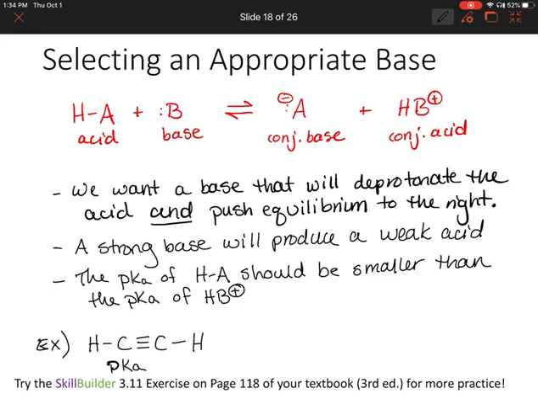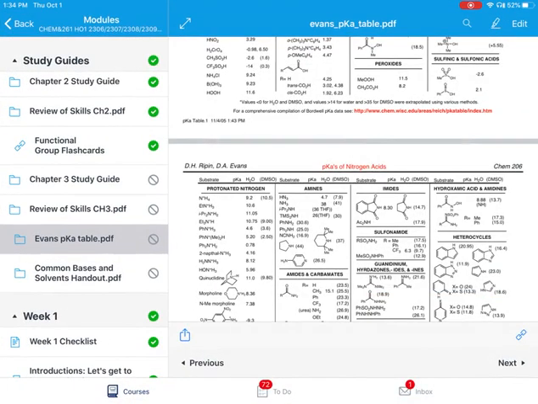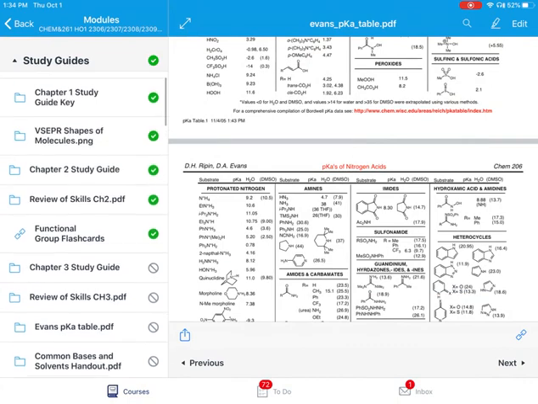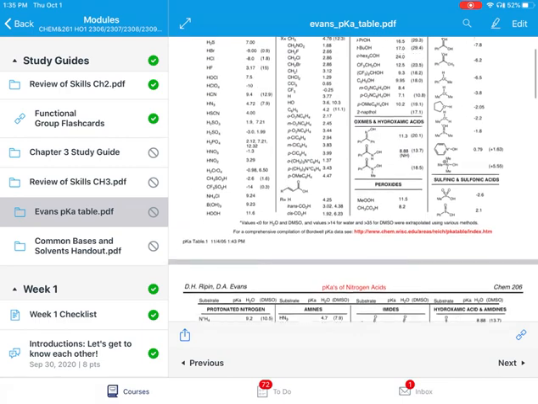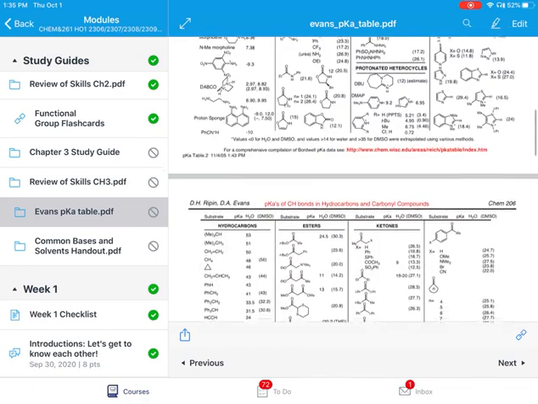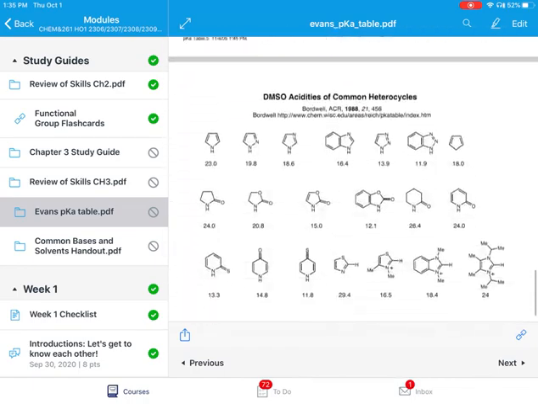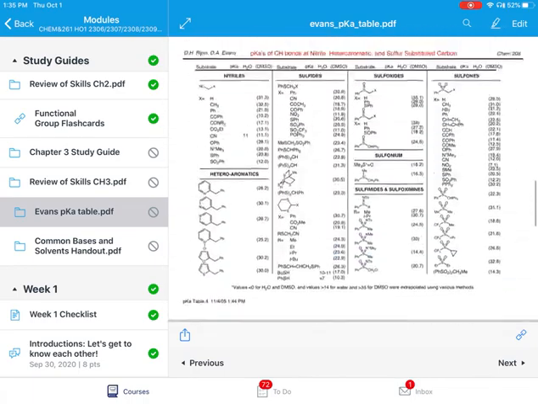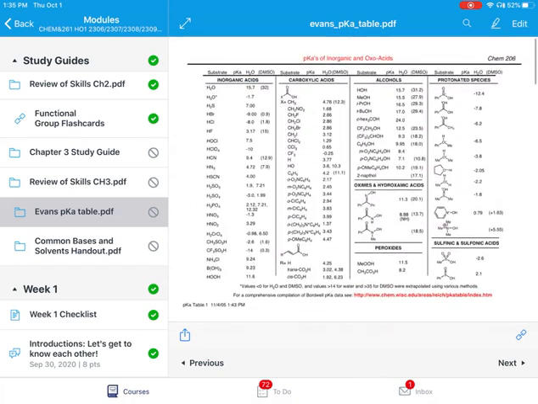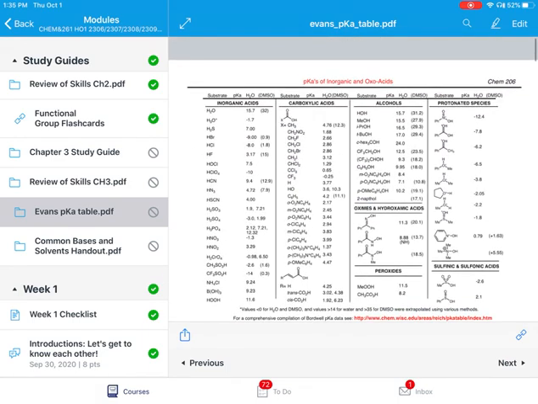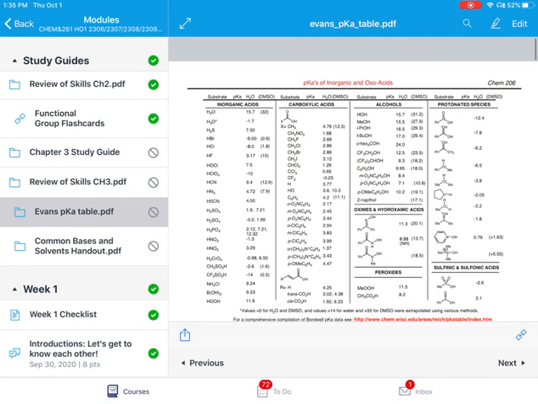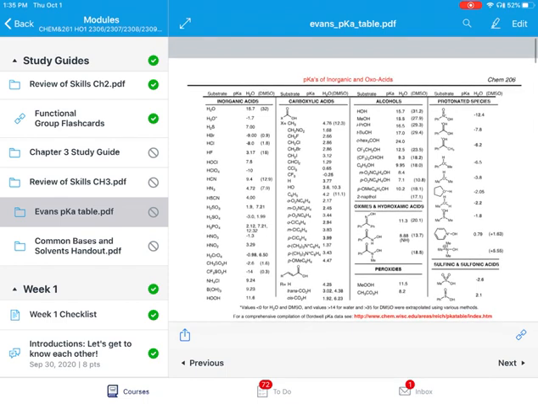So on Canvas, under the module study guides, I have something called the Evans pKa table. There's multiple pages here, and you can look up the pKa of common substances. So you'll notice that on the first page we have the pKa of inorganic and oxo acids.